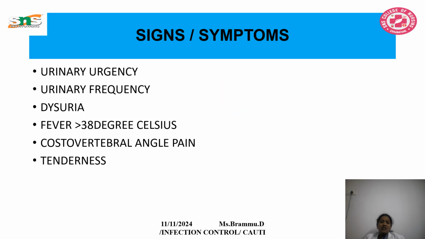The common signs and symptoms of CAUTI would be urinary urgency, that is frequently going to the restroom and being unable to control the bladder, and urinary frequency. The patient has difficulty in urination, which we call dysuria. When you take the temperature, the patient will have more than 38 degrees Celsius, and may complain of costovertebral angle pain, and in severe cases may also have severe tenderness around the flank region.